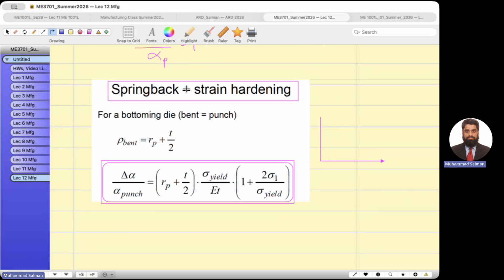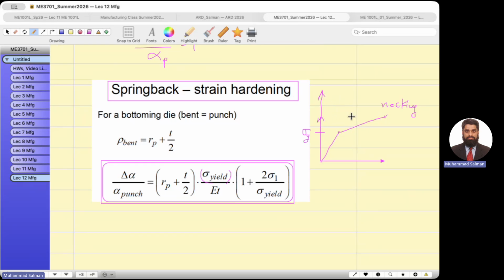What I mean by that is initially it is elastic behavior. You see the yield point, the yield stress, it happens over here. This sigma y is the yielding stress, and then it goes into strain hardening. This is where we start necking. Necking is a phenomenon in which the material starts to break, to fracture.